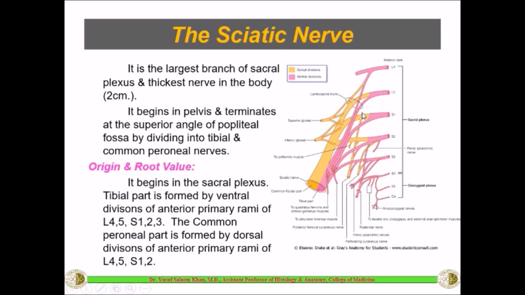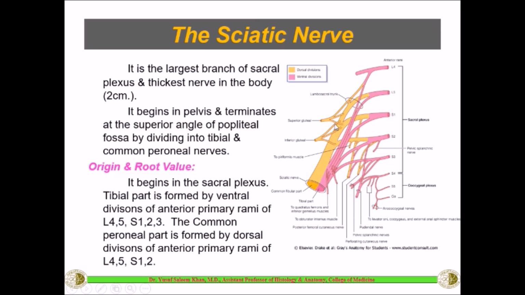So if you see the tibial part, the root values of this are from L4, L5, S1, S2 and S3. All these 5 will be contributing, especially the ventral divisions of the primary rami. You should remember this is formed by the ventral division, but the common fibular is formed by the dorsal division of L4, L5, S1 and S2. There is no contribution from S3.